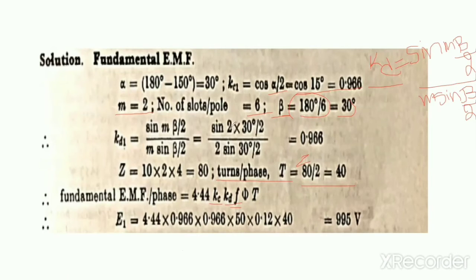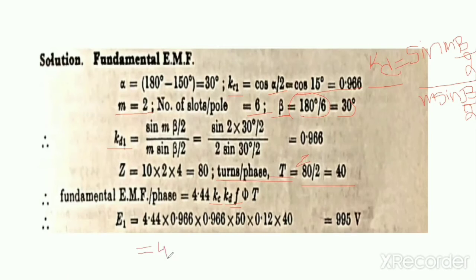Kc, Kd and the number of turns T are already determined. The flux phi is given in the question, and then we substitute all the values in this formula.